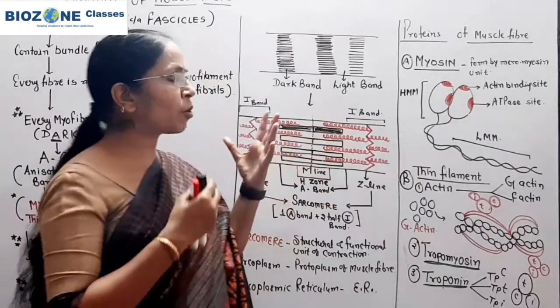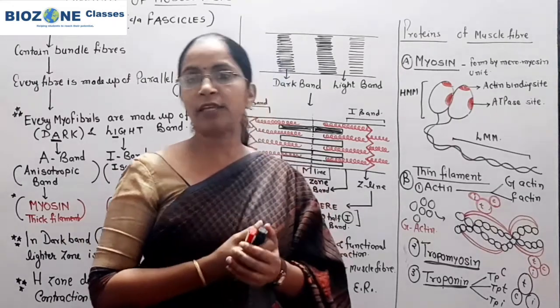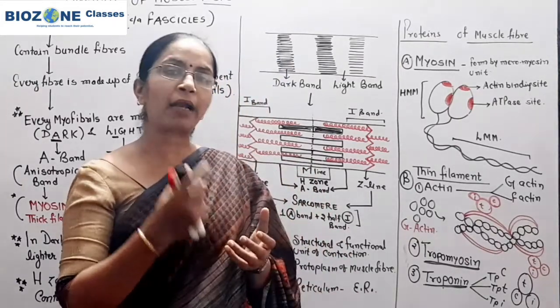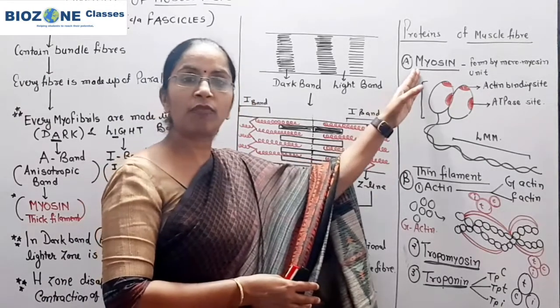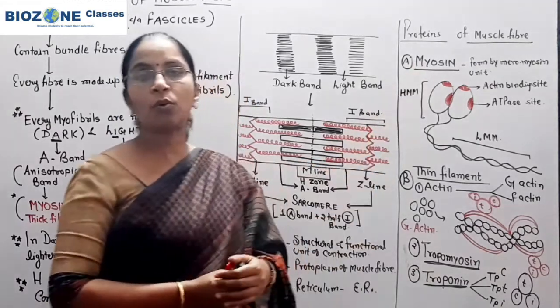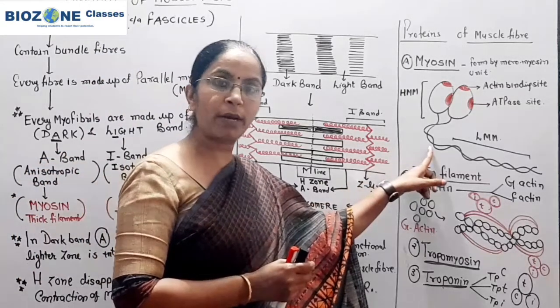Now thousands of meromyosin units combine with each other, arranged parallel to each other, and they result in the formation of one thick filament, that is called myosin. This is the structure of meromyosin.